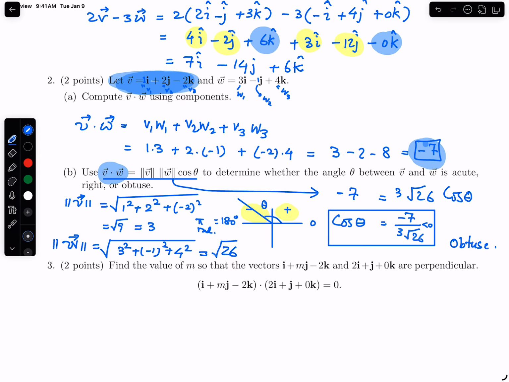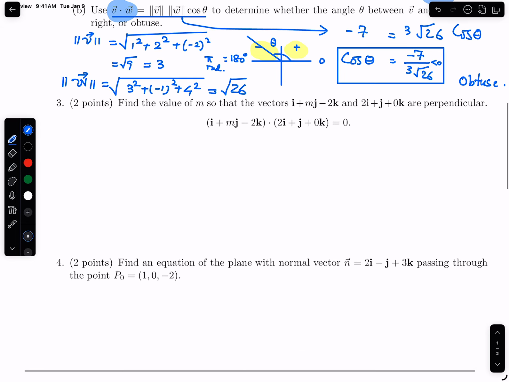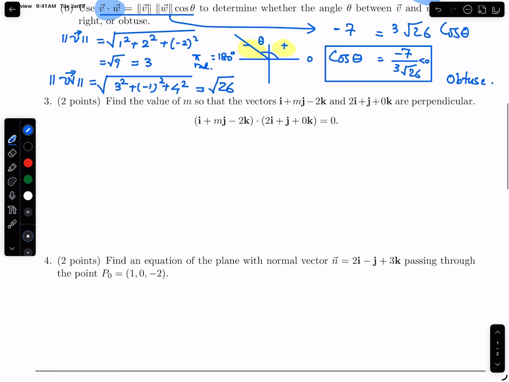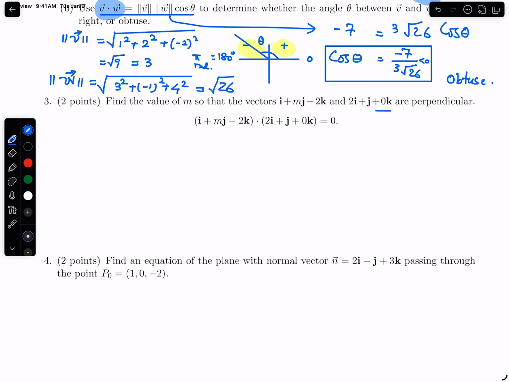Okay, very simple problem. Now the third problem is, I have to check that these two are perpendicular, and this simply means that their dot product should be equal to 0. If they are perpendicular, I have to find the value of m.